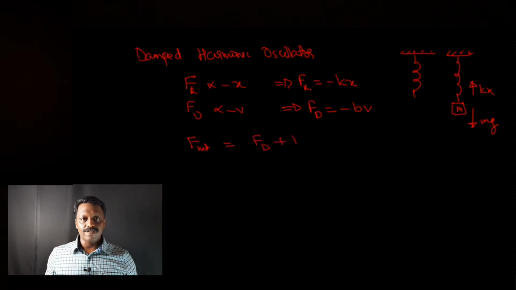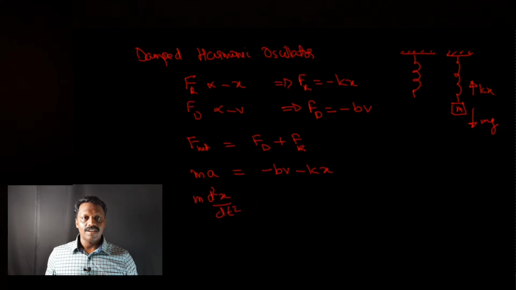So the net force, which can be represented as mass times the instantaneous acceleration of the system, is equal to negative bv plus negative kx. Acceleration is the time rate of change of velocity, and velocity is the time rate of change of position.